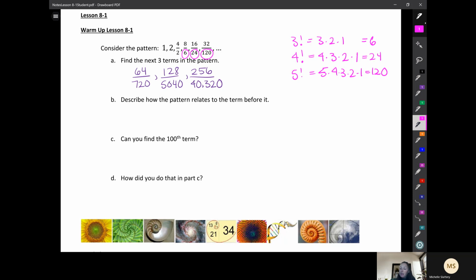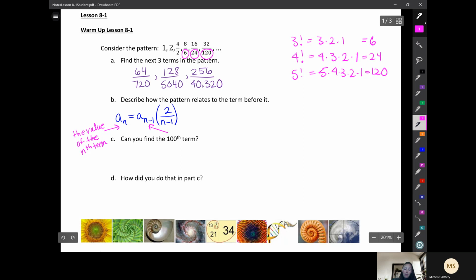All right, so describe how the pattern relates to the term before it. Well, what we can see is if we take the previous term and we multiply that previous term times 2 over n minus 1, then we will get the next term. So to write that out using proper notation, we say a sub n, the nth term, is equal to the term before it, which is a sub n minus 1, multiplied by 2 over n minus 1. So a sub n here represents the value of the nth term.